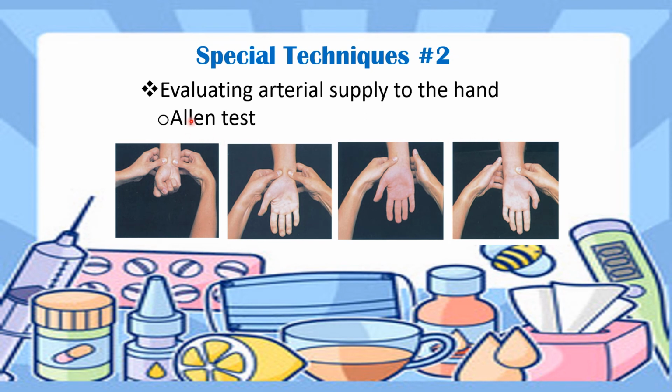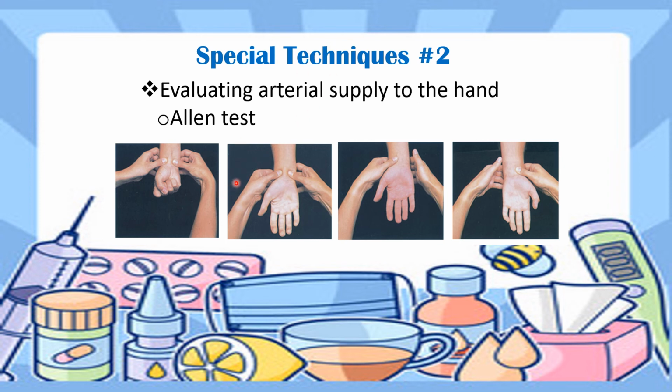To further evaluate the arterial supply to the hand, you can also use the Allen test. This is to compare the patency of the ulnar and the radial arteries. It is also to ensure the patency of the ulnar artery before puncturing the radial artery for blood samples or arterial lines.